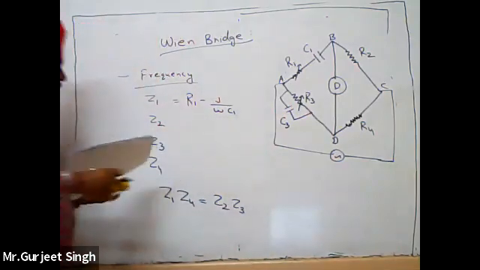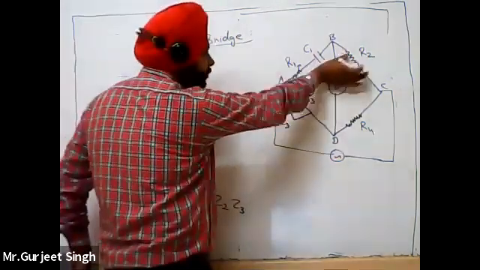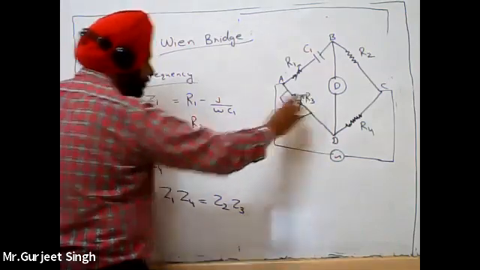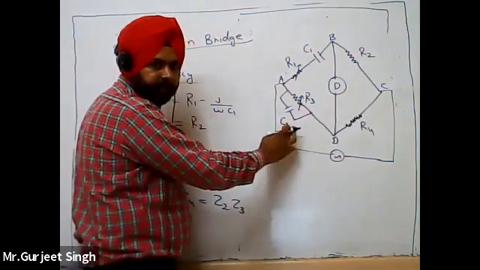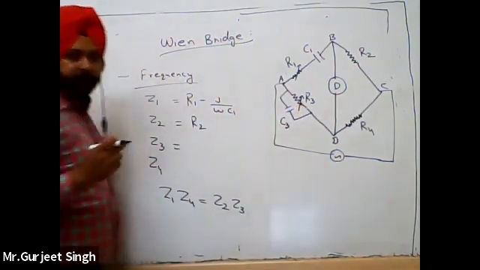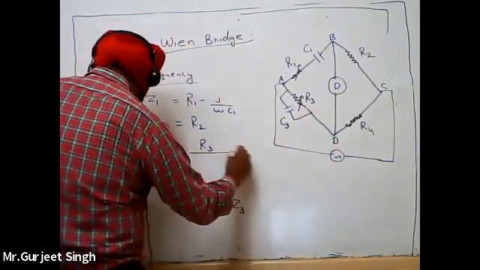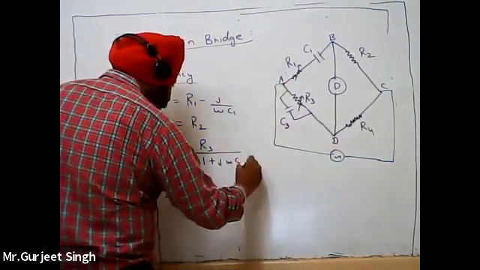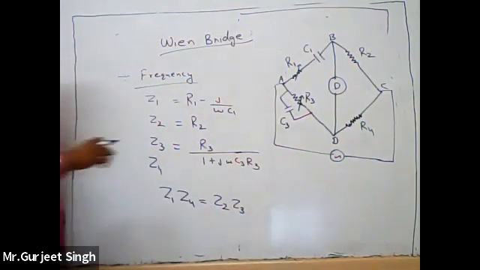Next, Z2 is only the resistance R2. For Z3, R3 is in parallel with the capacitor C3, so we write R3 upon 1 plus j omega C3 R3.